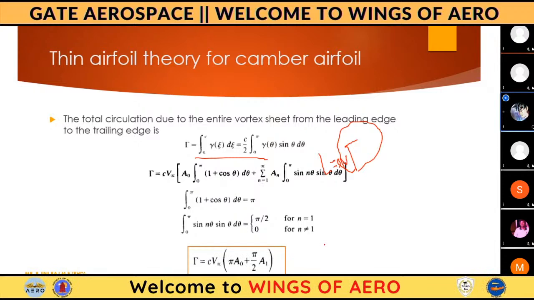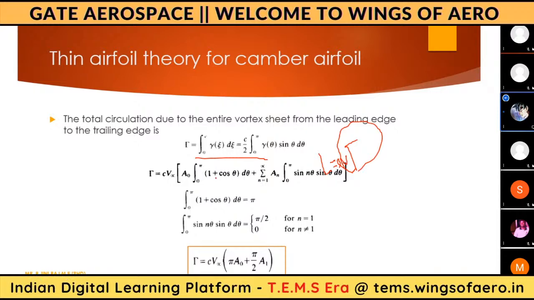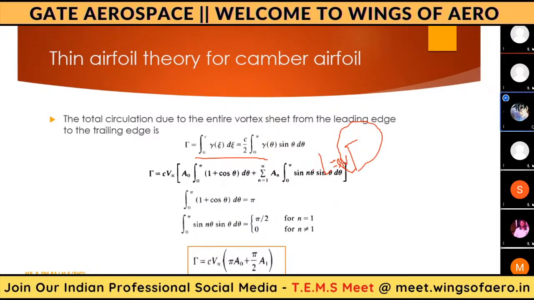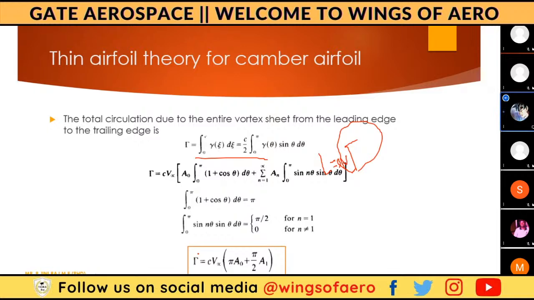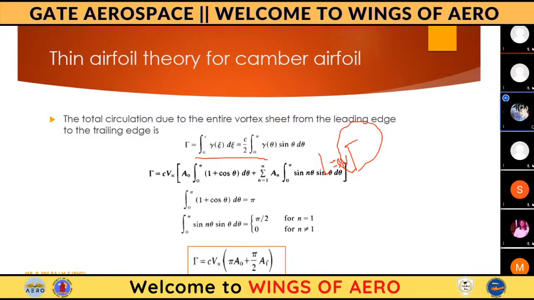From this, we know the integral of 0 to pi (1 plus cos theta) d theta equals pi, and the integral of 0 to pi sin n theta sin theta d theta equals pi by 2 if n equal to 1, and 0 if n not equal to 1. After substituting all these things, the circulation gamma is reduced to c into v infinity into (pi A0 plus pi by 2 A1).